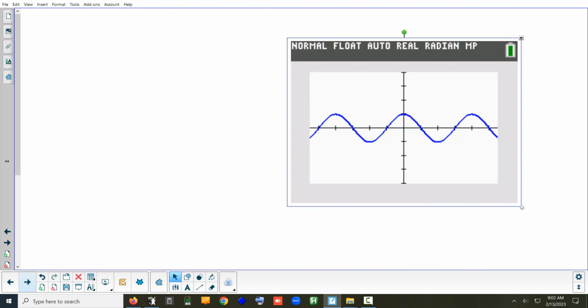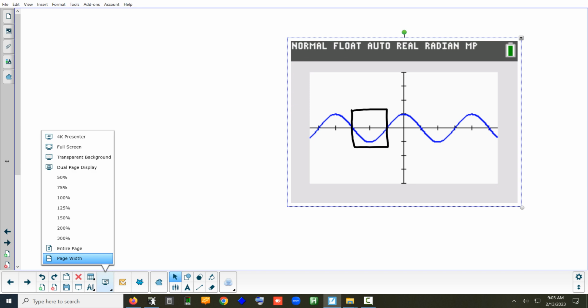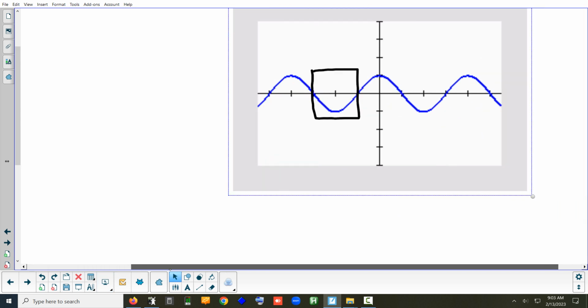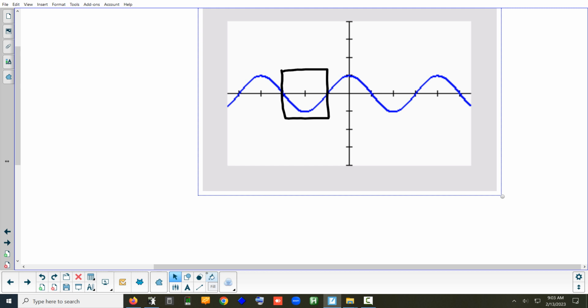Well, we need to make it pass the test. All right, so let's make a box. It's going to be 2 tick marks wide. That's always how wide you make it. Just try to draw it the best I can. Each tick mark again represents 90 degrees, and I want to find a section that passes the horizontal line test.